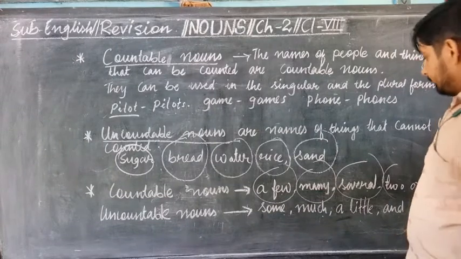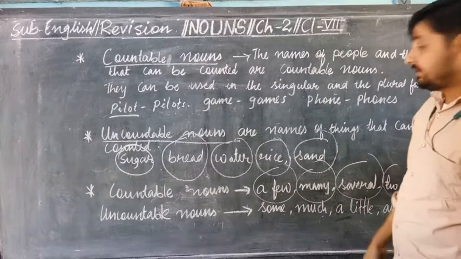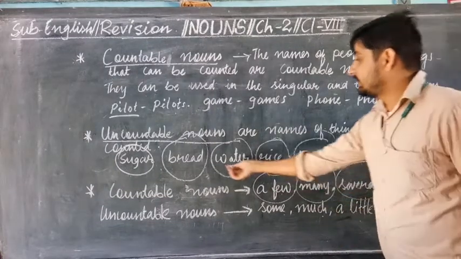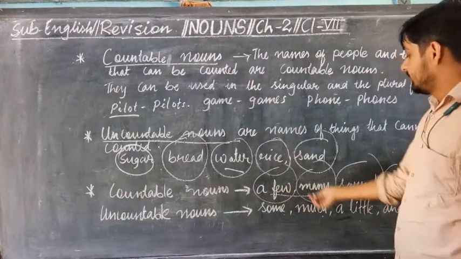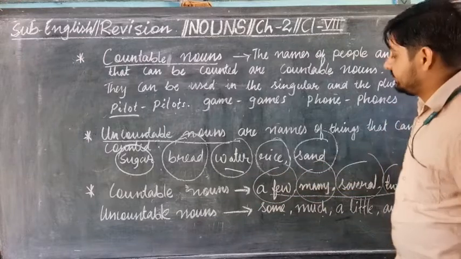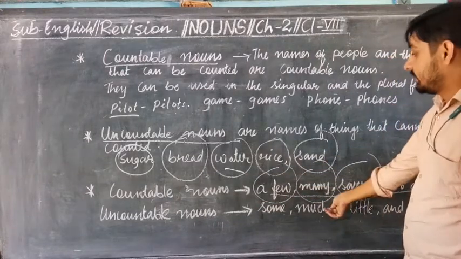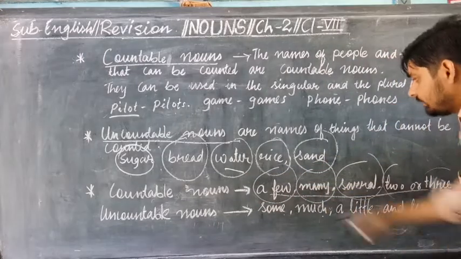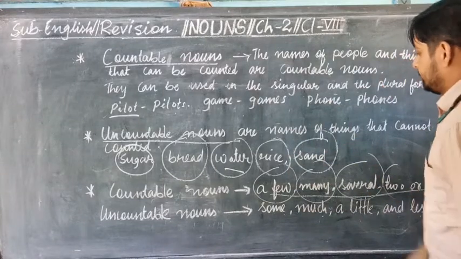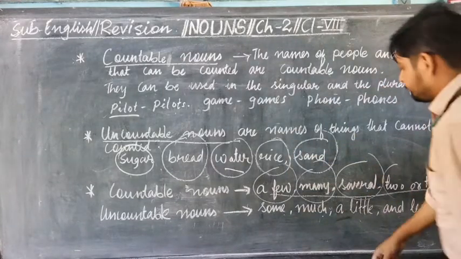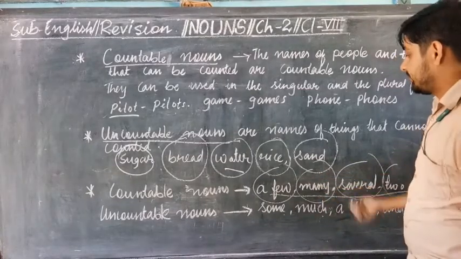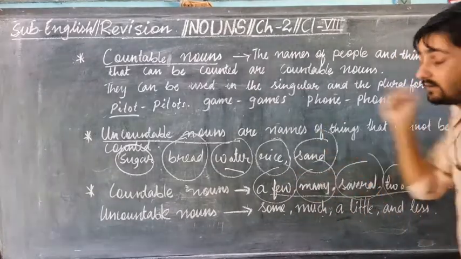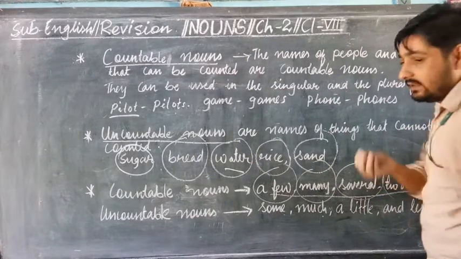We cannot use those words in uncountable nouns. Like, we cannot say many water; we can say much water, or some water. We cannot say many rice; we can say much rice, or some rice, or a little rice.